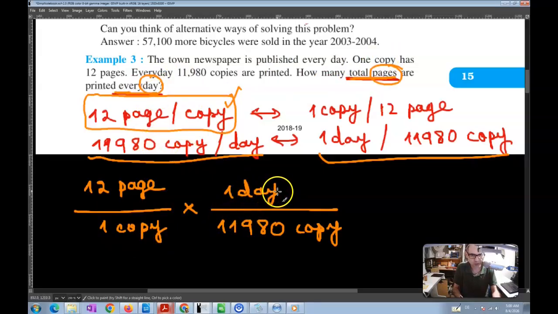Now I have brought in the day, right? The page is there, but then the copy is also there, and there is no way for me to get rid of it, right?